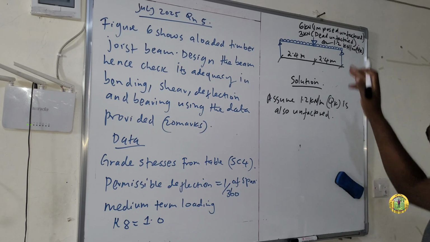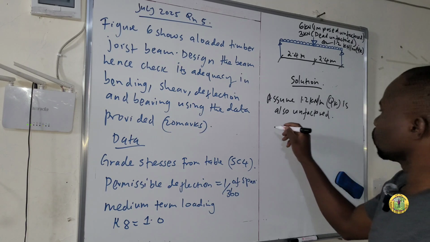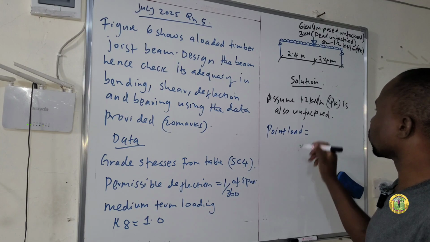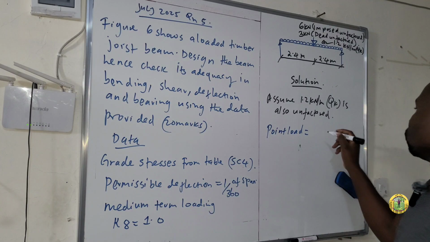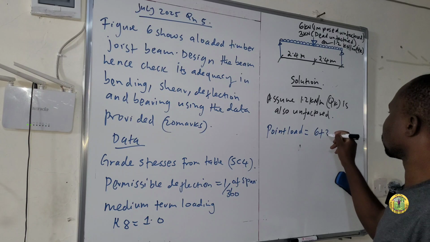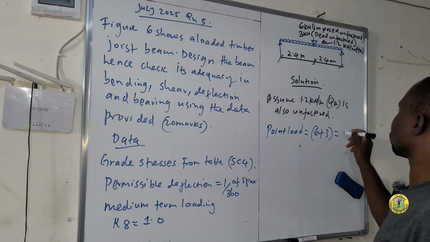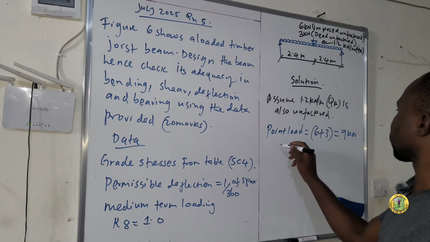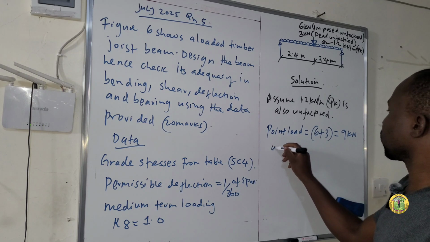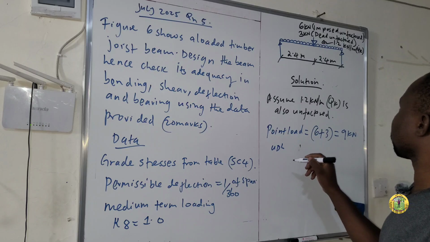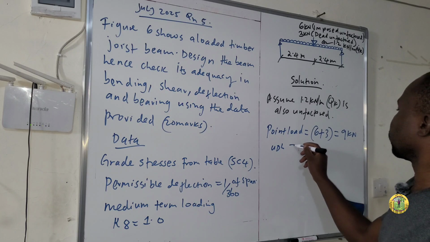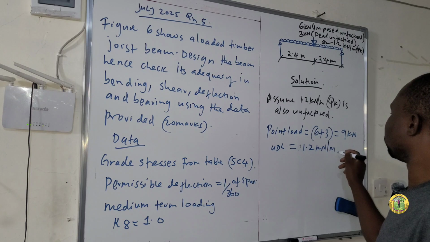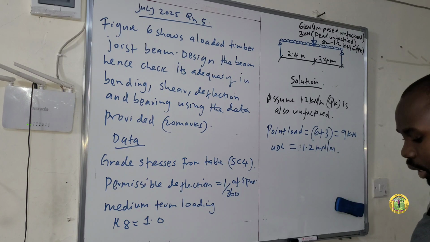So if we come to the point load, you'll get the total of the point load, which is 6 plus 3. So this one is equal to 9 kilonewton. And then the UDL, which is the QK, is equal to 1.2 kilonewton per meter. Just use the way they are.